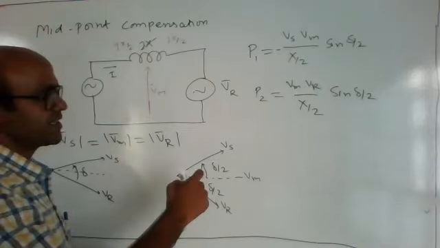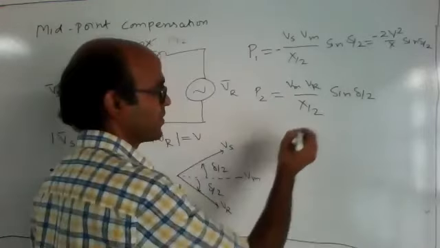Since I am assuming these voltages are equal, let this voltage be B. So I can write this as 2B square by X sine delta by 2, with the negative sign.